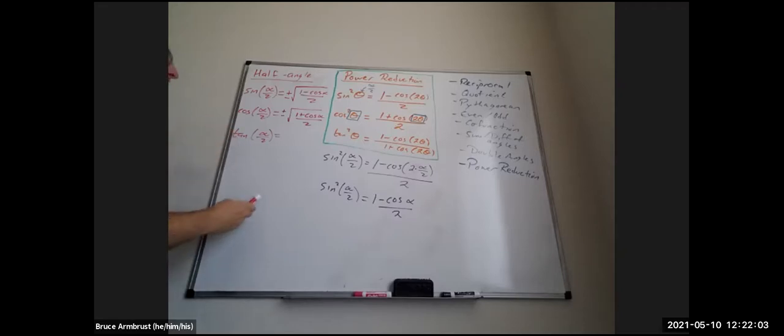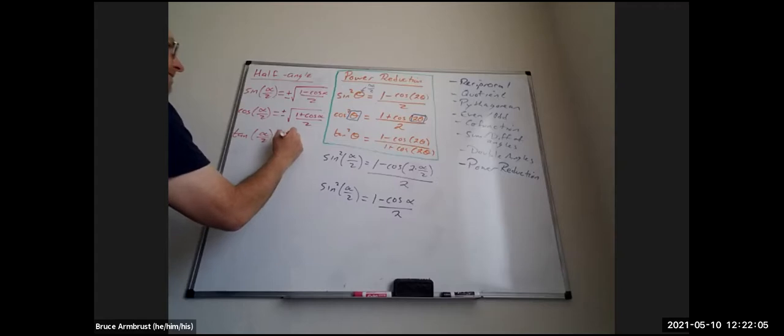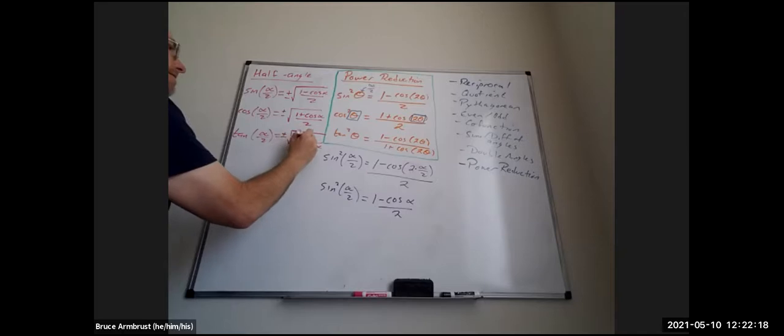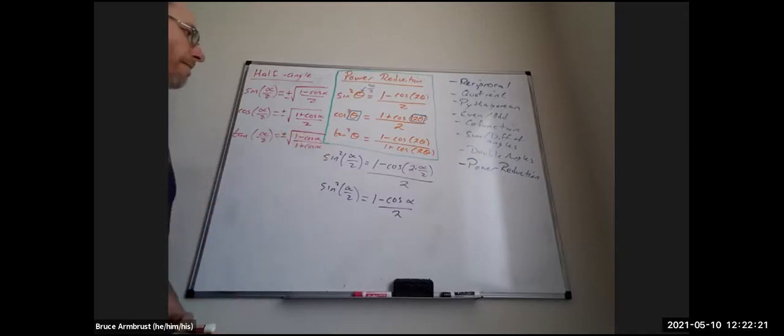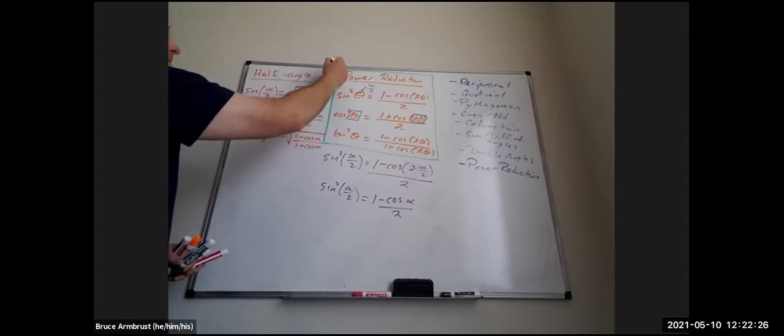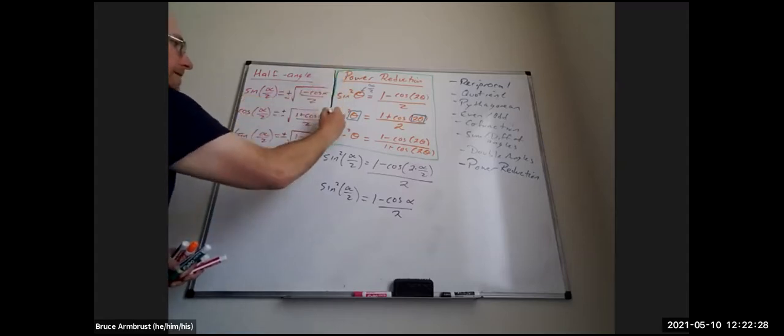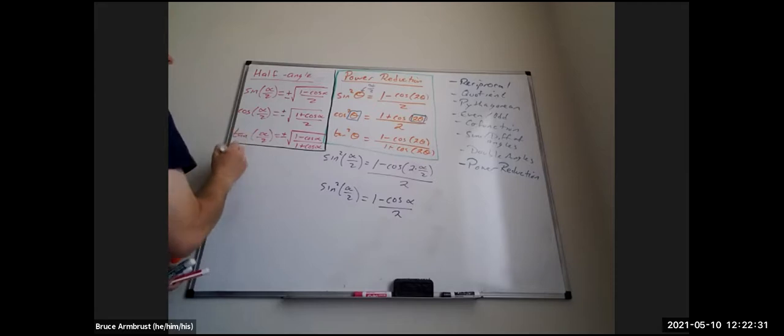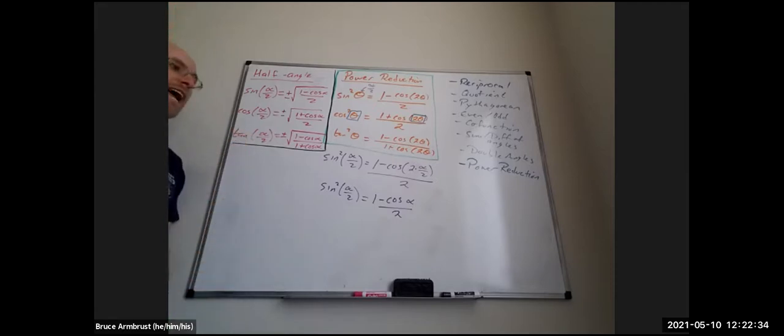And then for the tangent, you're going to get plus or minus the square root of 1 minus cosine of alpha over 1 plus cosine of alpha. So I'll go ahead and just put a little box around those, because those are your half angle identities.